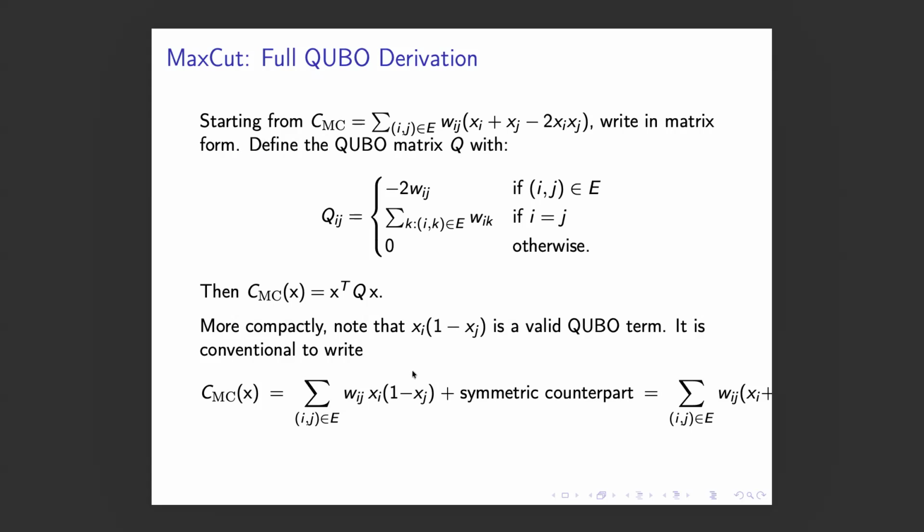And then it's conventional to write this function you want to optimize, the cost function or loss function, in terms of these weights, which relate to the edges, multiplied with the values of x_i times x_j.